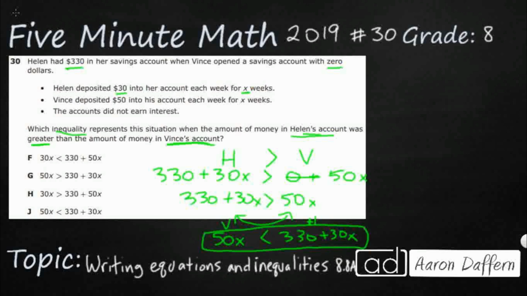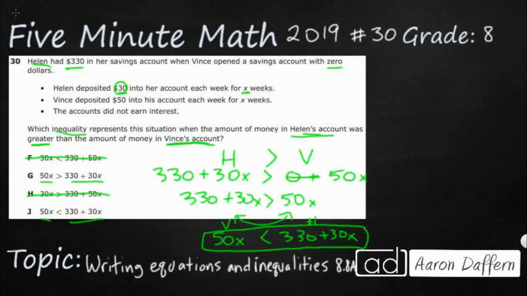So 30x, and see, that's the problem. I'm not going to do 30x by itself because Helen's side also has 330. So I'm going to go ahead and eliminate both of those, simply because 30x goes with that 330. And you've got the 50x on the left side.